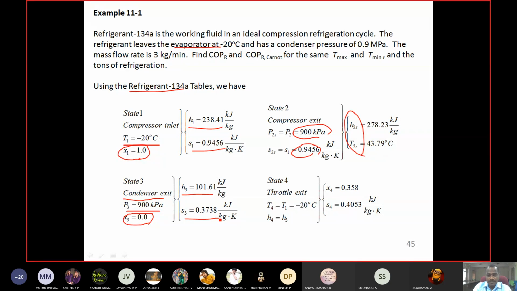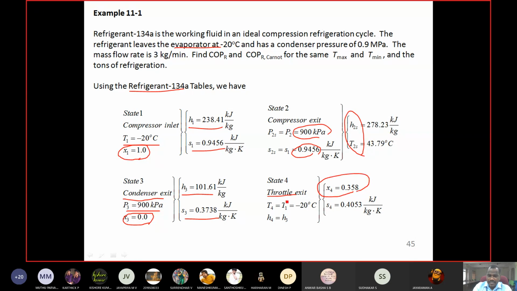Right, so you just have to refer to the property tables and charts for refrigerant 134A. At state 4 there is a throttle exit, so the temperature T4 is equal to T1, minus 20 degrees Celsius, and the H value will be equal, so H3 is equal to H4. Based on this we can find the X4 value.